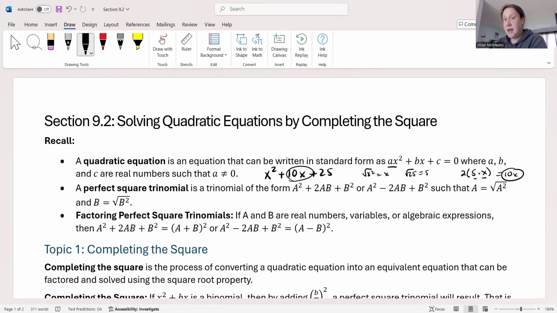And then if instead I had a squared minus 2ab plus b squared, that factors as a minus b squared, where a and b again are the square roots of the first and last terms. Okay, and what we love about this method is that this format allows us to apply the square root property. So we learned about the square root property in the previous worksheet.